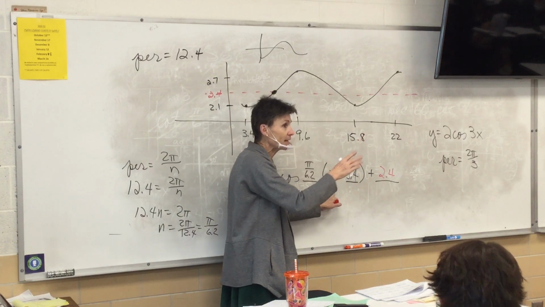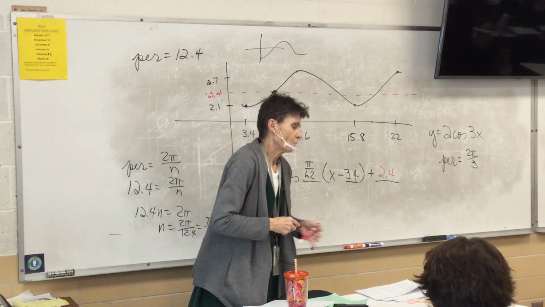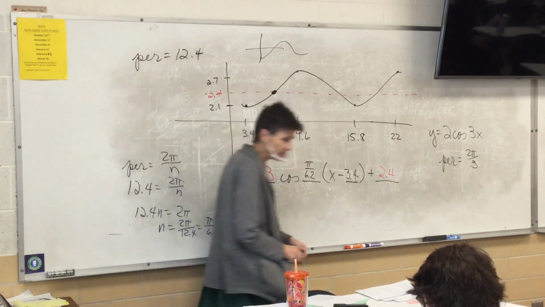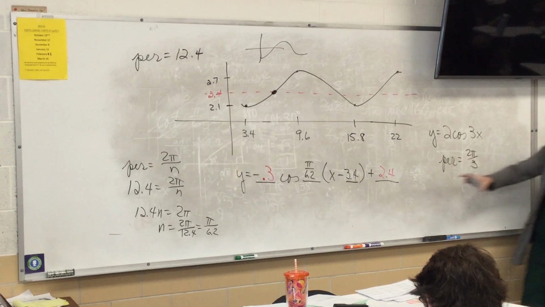And I'm going to type that in my calculator. What mode do you think I'm in? Radians. You are in radian mode, and we're going to type that in. Putting 6 right here.